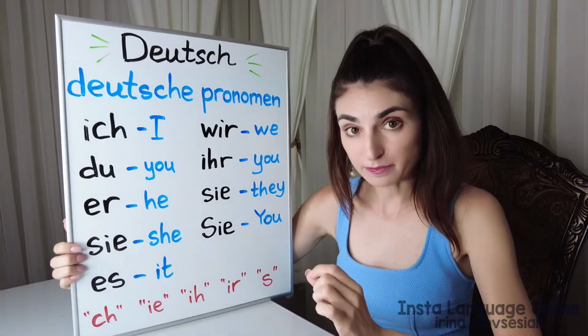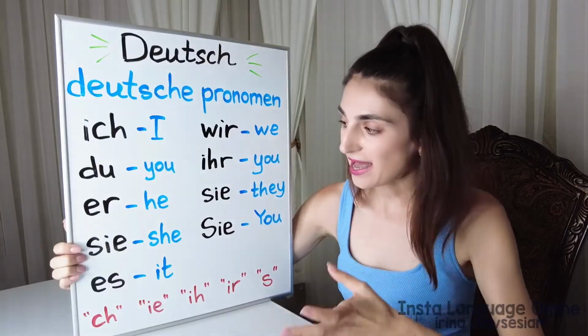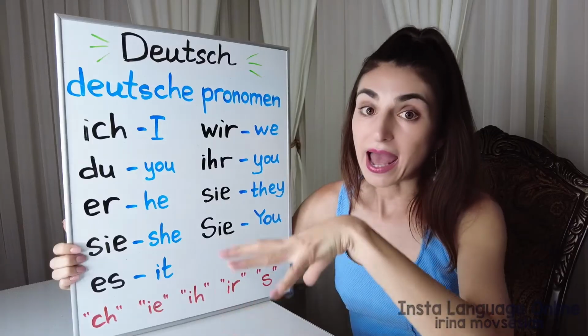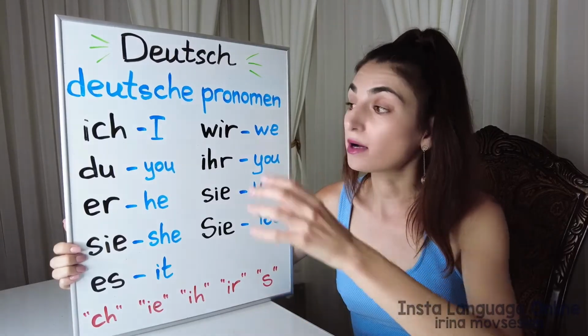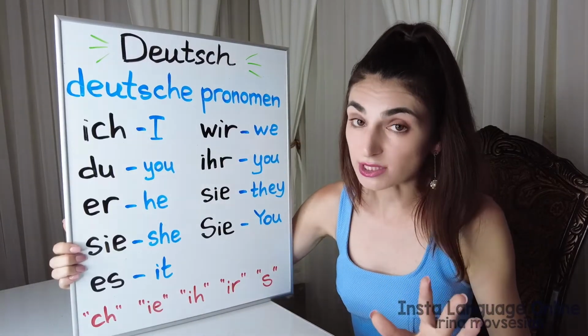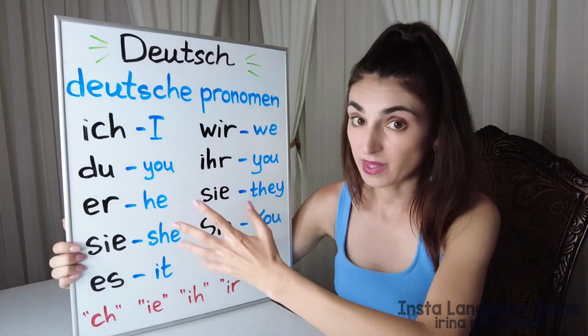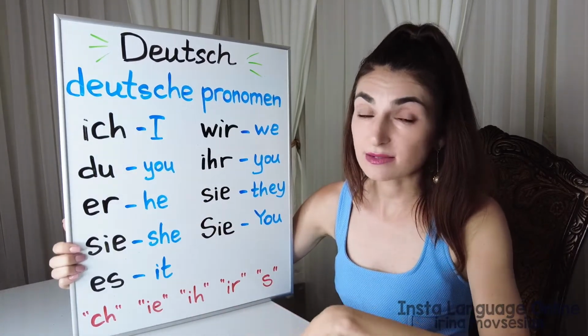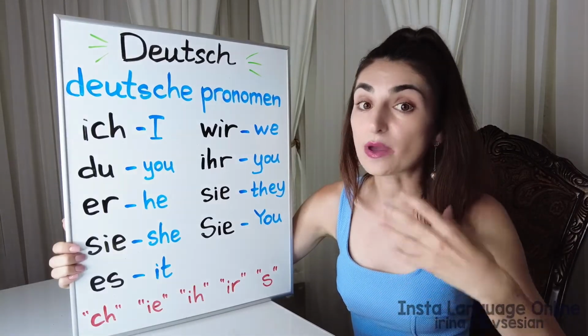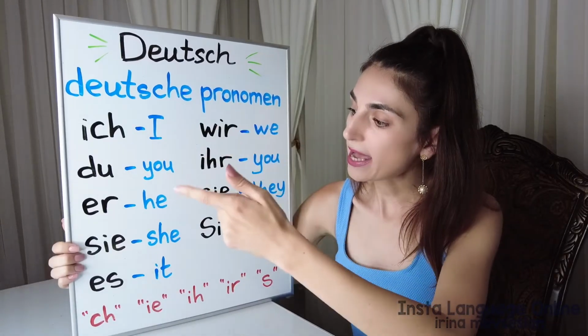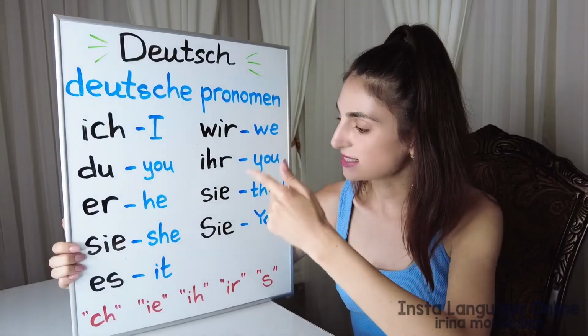Then you take another sheet of paper and you write them again, as much as possible, so you will remember all of them. We just pronounced them several times, so rewind this video and read with me. Ich, du, er, sie, es, wir, ihr, sie, Sie.